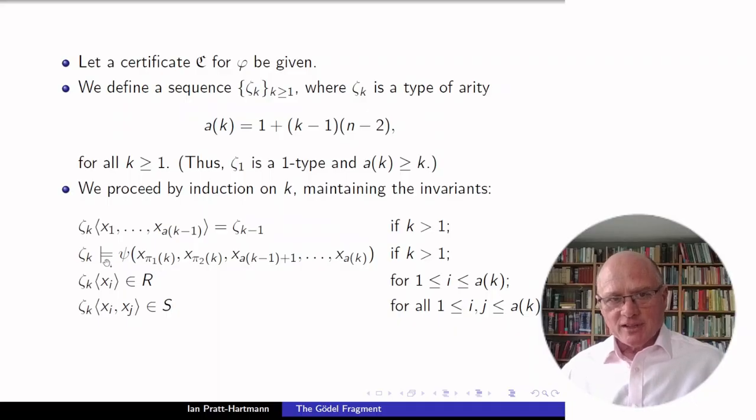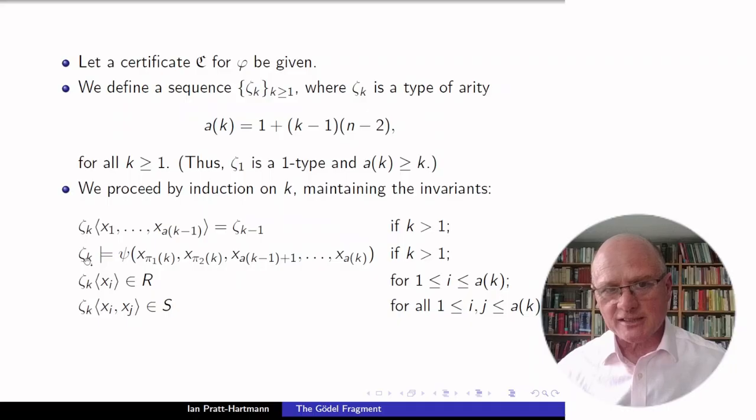In the type zeta k, psi will be satisfied by the n-tuple whose first two elements are pi 1 of k and pi 2 of k, and whose remaining elements are the final variables occurring in zeta k.